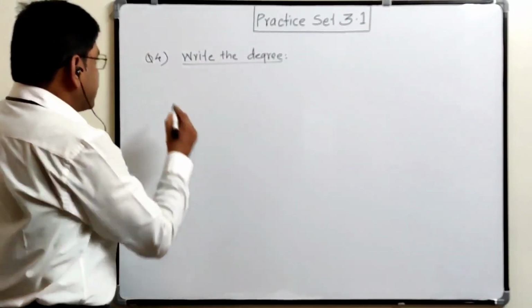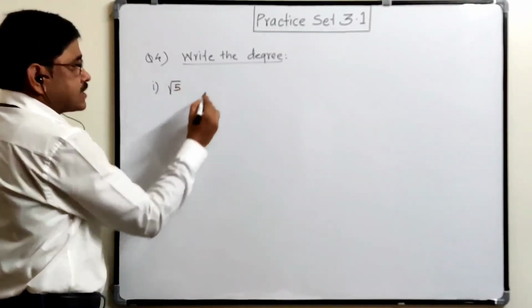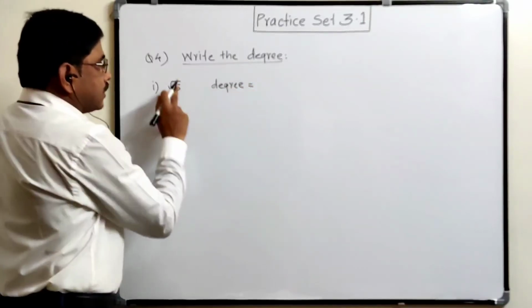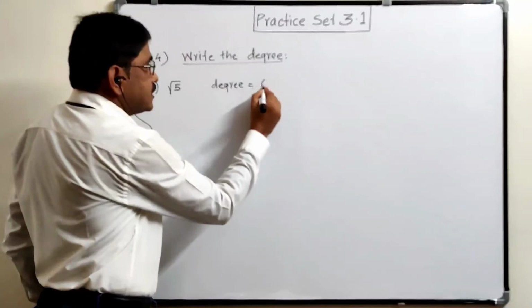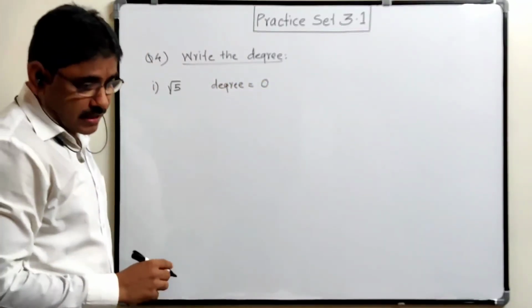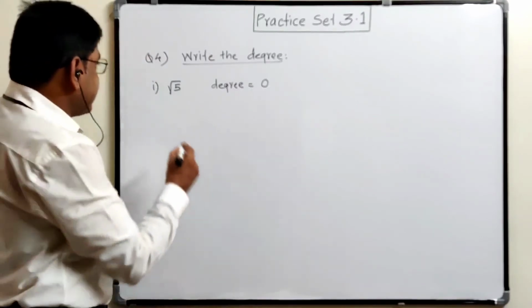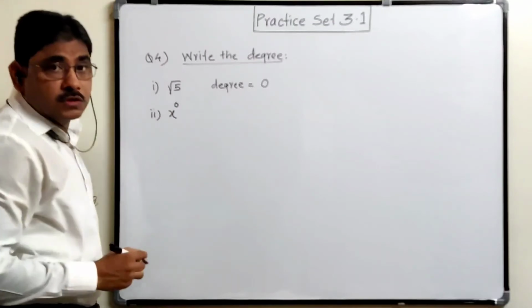So here the first one is root 5. What is the degree? It is a constant. Root 5 is a constant number, that's why degree is 0. Whenever constant is there, 0. Now second is given x raised to 0. X raised to 0.